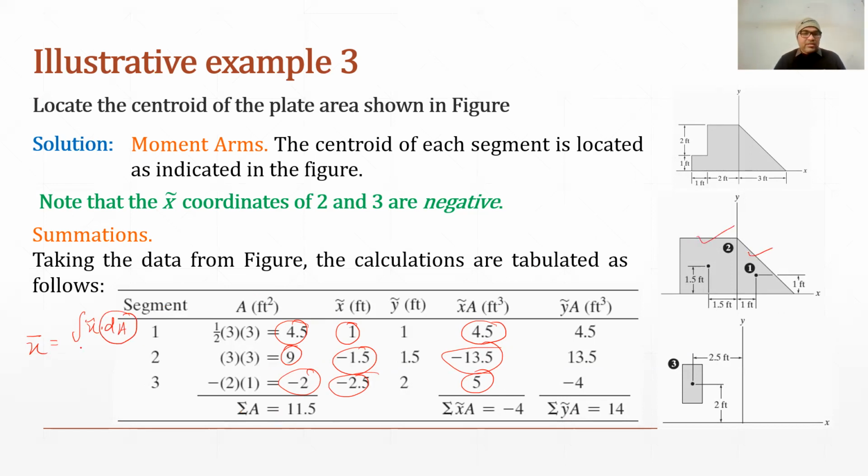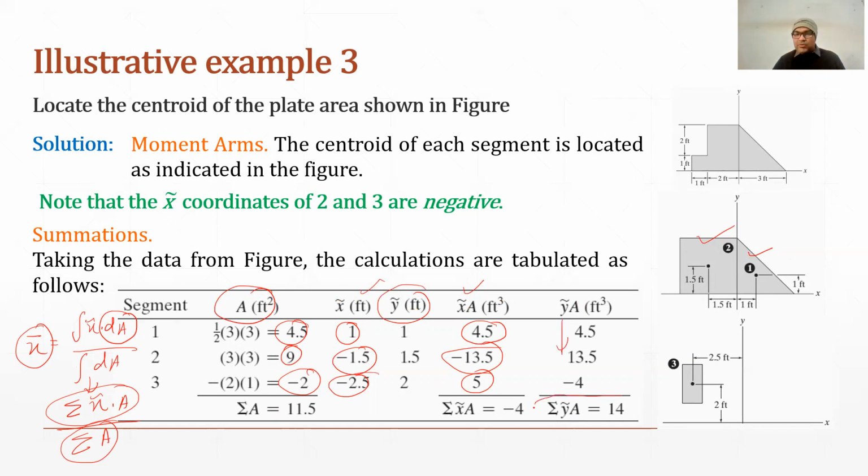So that is why this integral of dA will be replaced here as summation of x approx multiplied by A. Similarly, the denominator is summation of A. So this summation of this and this is required to find out this value, and that is why we are doing this one. Similarly, to find out the y bar, we need to find out the product of A and y approx, and it is written here.